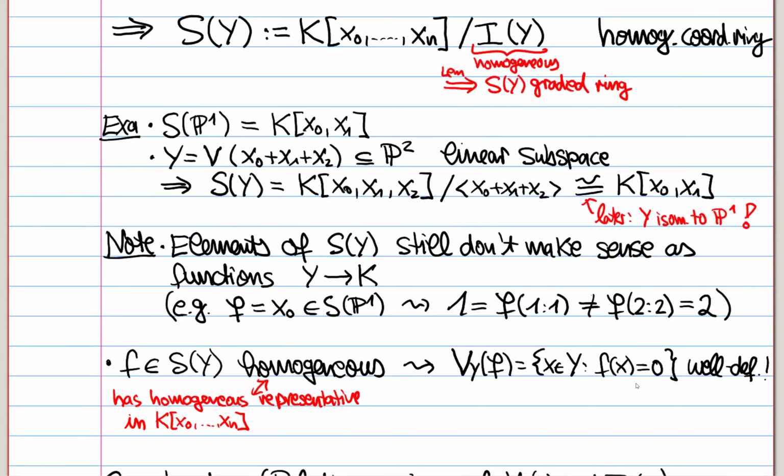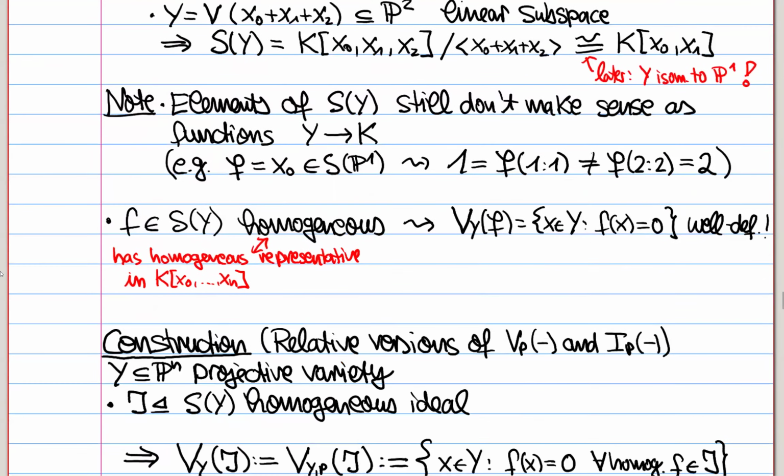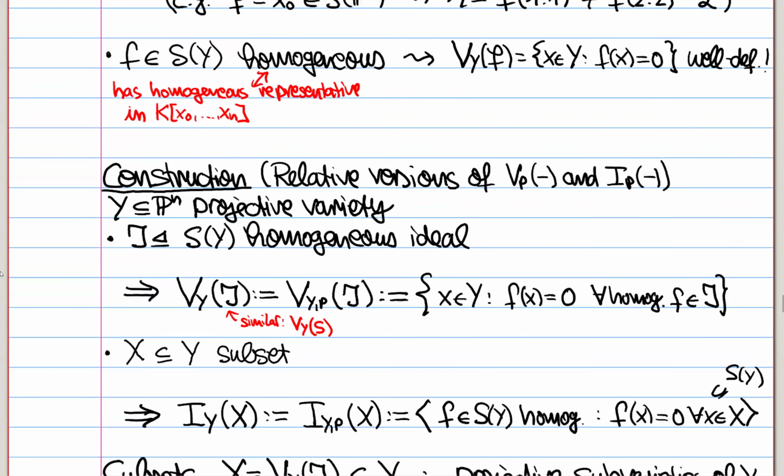But you should really be careful because a homogeneous element can also have non-homogeneous representatives for which this condition wouldn't make sense. You have to really make sure you use the correct notion of degree on this quotient ring.